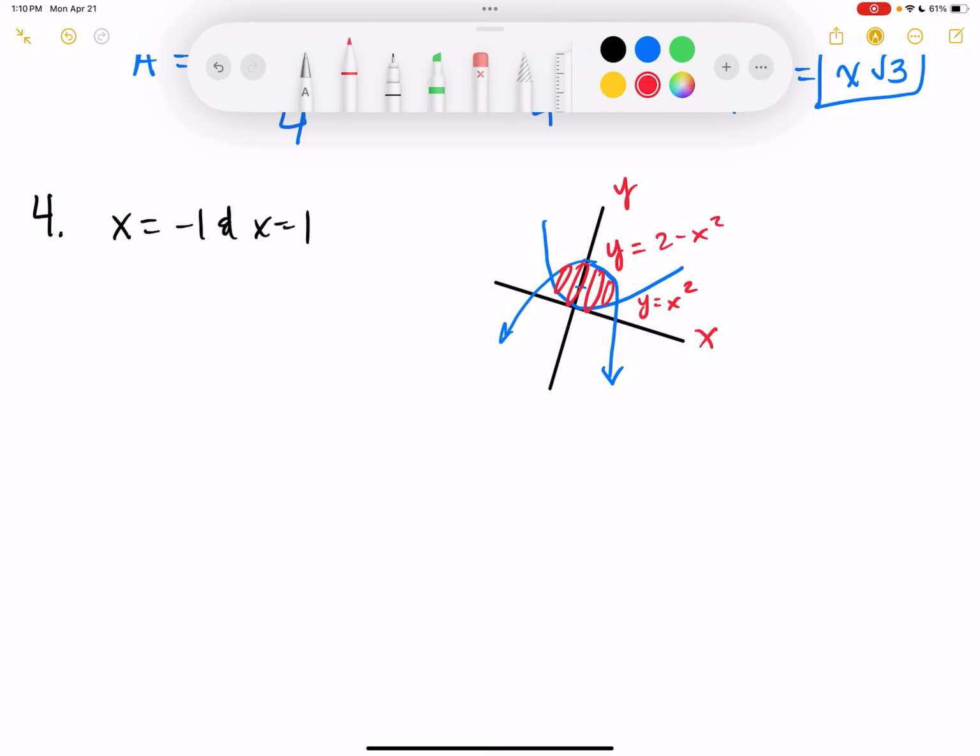I need to find the radius of this circle, because it says it's circular discs. I know the area is pi r squared, but I've got to figure out what r is equal to. So r is half of the difference between 2 minus x squared and x squared.